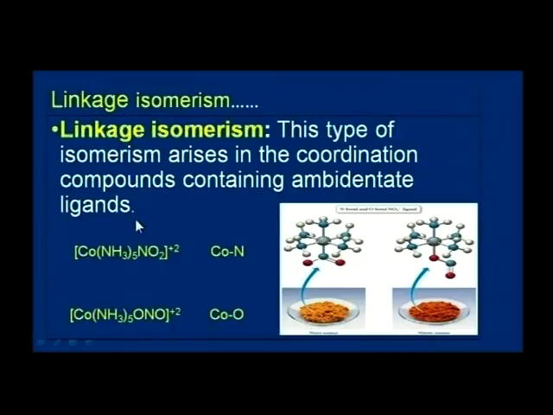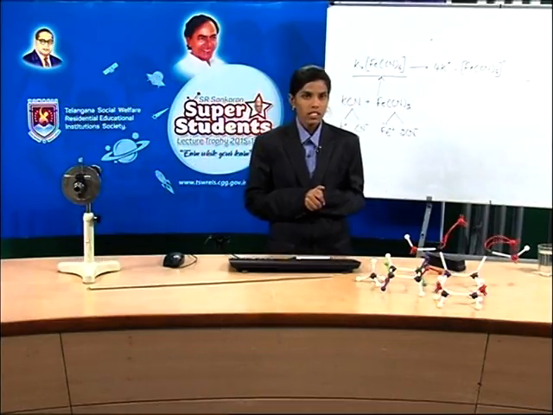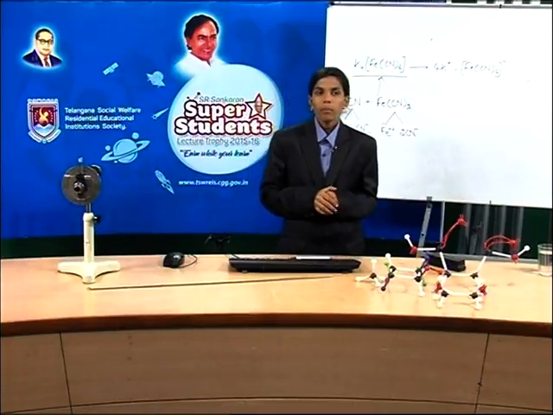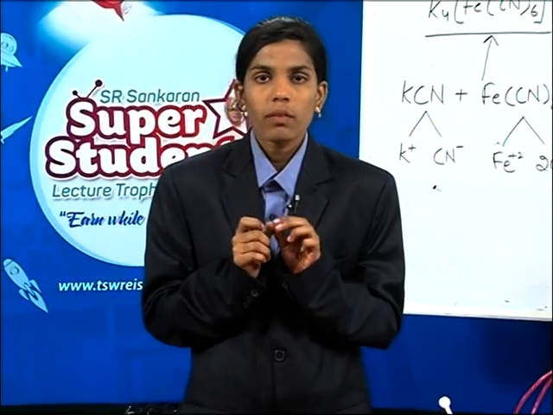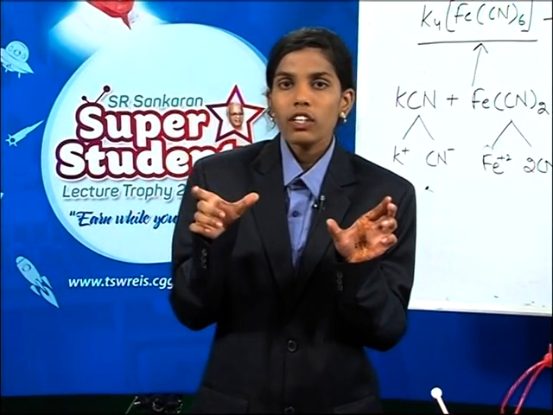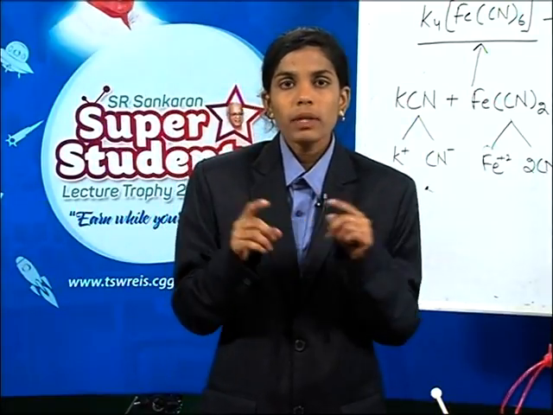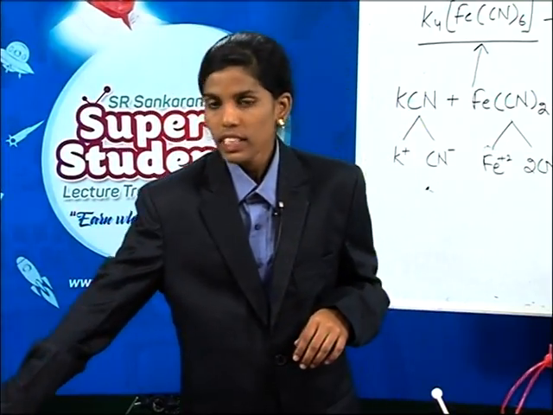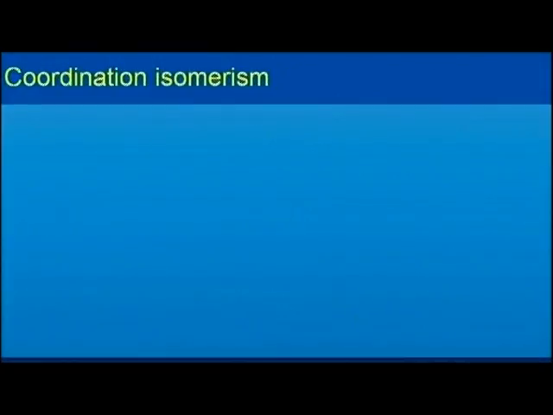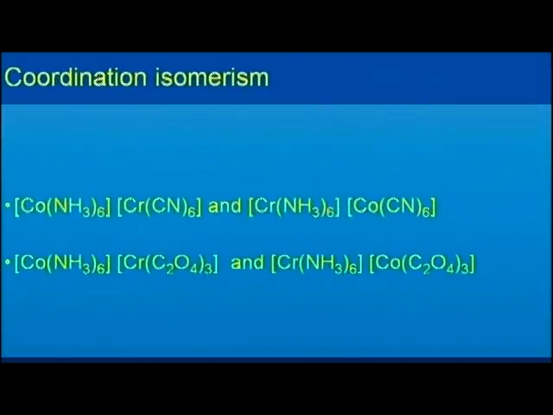Now let us have a look at coordination isomerism, friends. Coordination isomerism has two spheres, one is the anionic sphere and the other is the cationic sphere. In this, the anionic sphere and cationic sphere are present, and the arrangement or the replacement of ligands takes place. In this PPT we can see clearly, friends. Coordination isomerism. Here are the examples. We can see here the two compounds have the same molecular formula and they have a replacement of ligands.